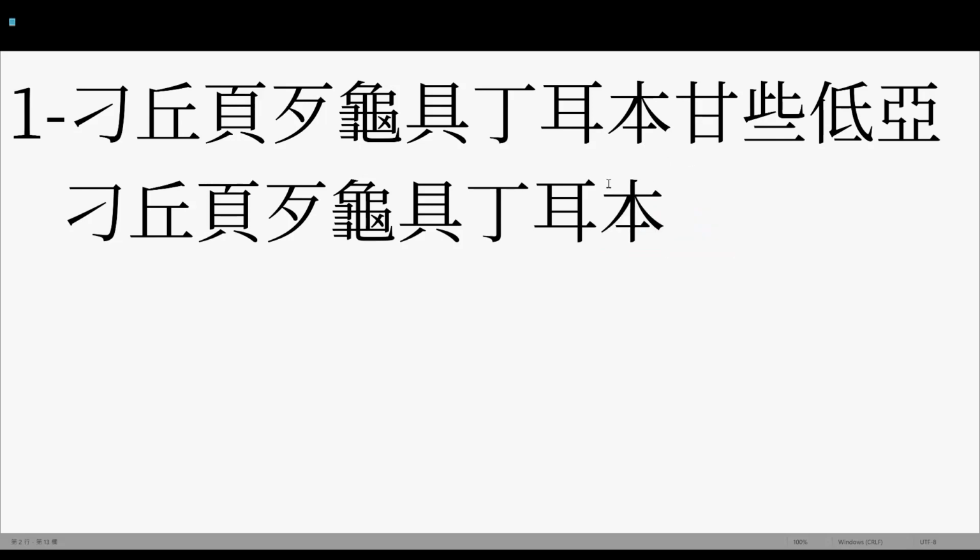And the next one, we have a new rule for this. It's called over the stroke. There are a few radicals that do not follow the stroke, so we call it over the stroke. You can see the frame of this character.